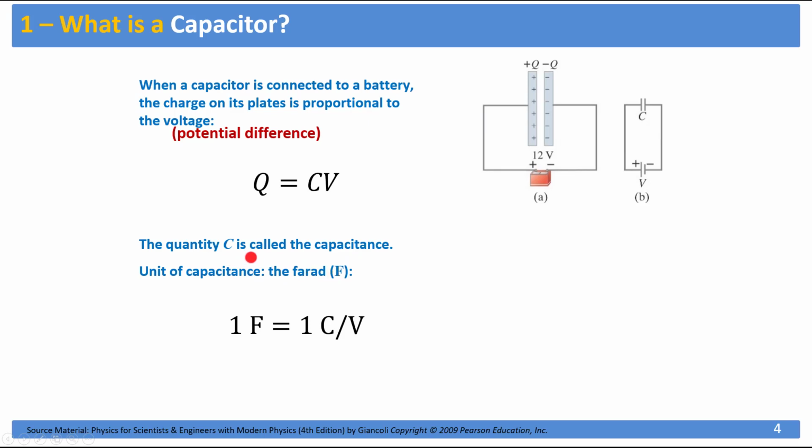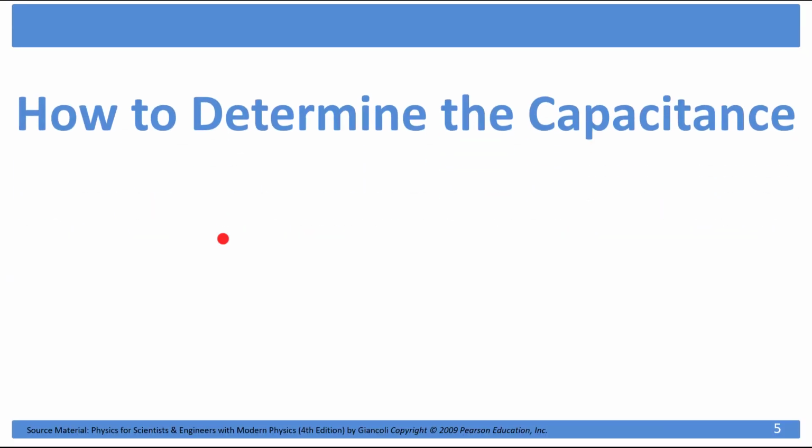And it's called capacitance because it tells us how much charge we can store on a capacitor per volt of potential difference. C changes from capacitor to capacitor, and it depends on the geometry of the capacitors, as we will see later on.